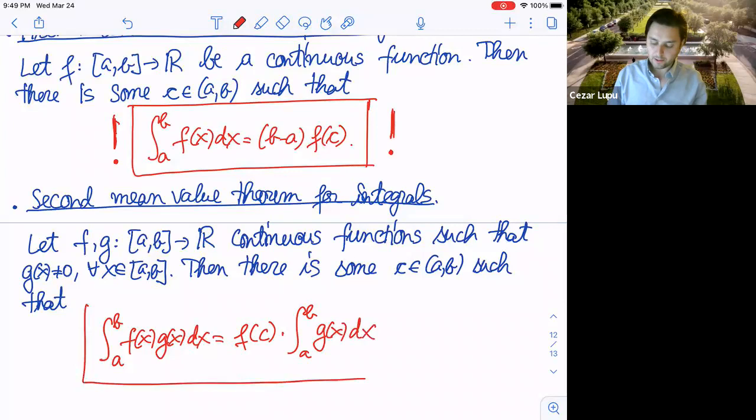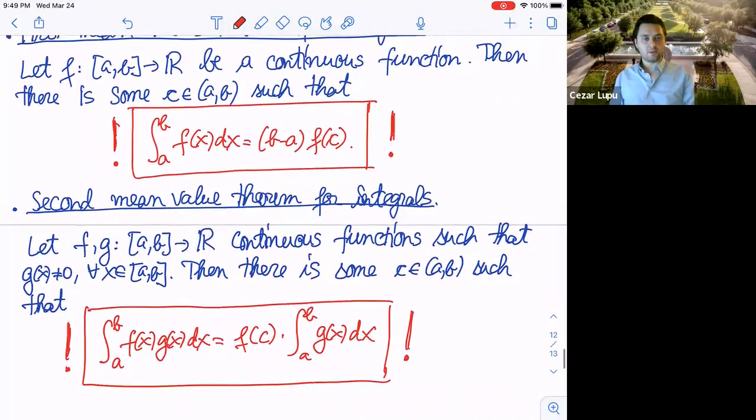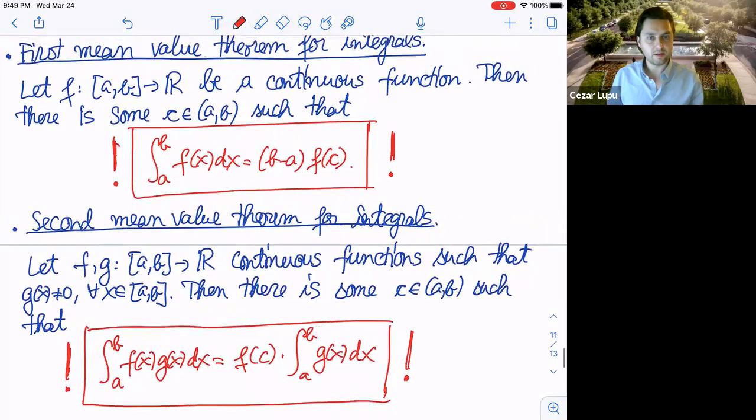So that's the statement of the second mean value theorem. You see the difference between these two is that the obvious difference is that the first one involves only one function, f, while the second one involves two functions, f and g. And we have this condition here that g has a constant sign. This is important.